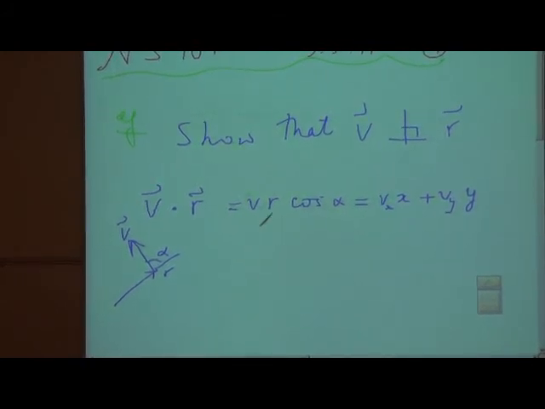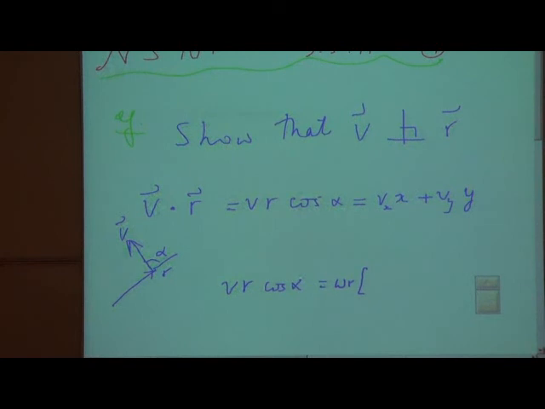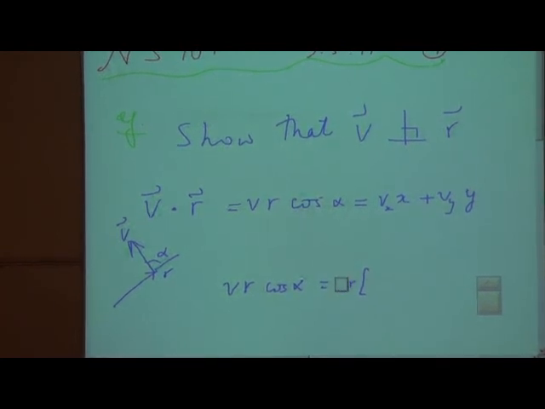Now let us work this out. We have v times r times cosine alpha equals, let me write the v vector, omega r times, let me write it here. My v vector is just v.